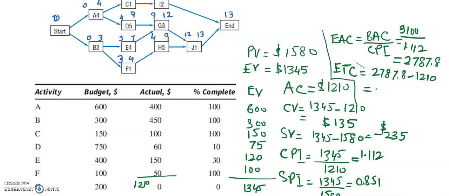That means this is the remaining cost which needs to be completed, which is equal to 1577.8.